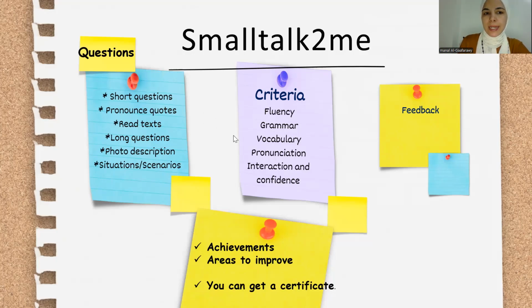How was your day? And then you're required to pronounce quotes taken from movies. And this is to measure your ability to apply intonation and pronunciation, the pronunciation of sounds and word stress. How far are you able to express emotions using the correct tones?